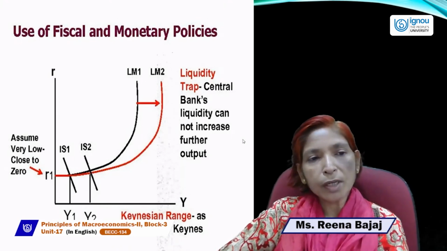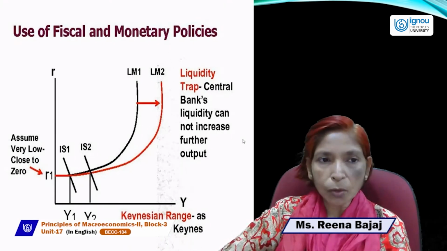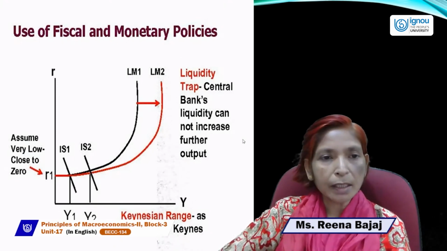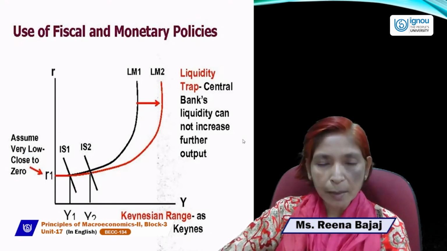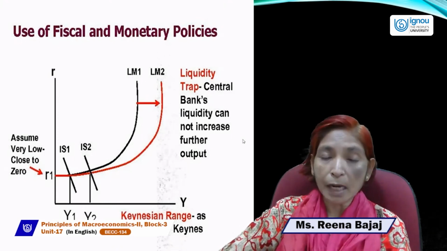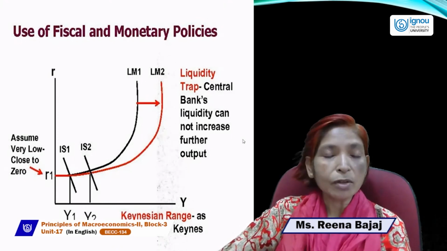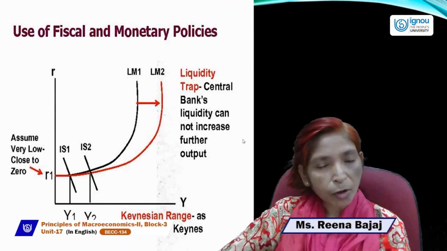It means both policies always go together, always used together to achieve economic goals like price stability, foreign exchange rate stability, economic stability, growth with stability, reduction in inequalities of income and wealth, and full employment.